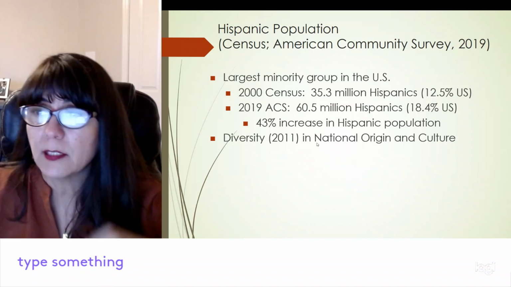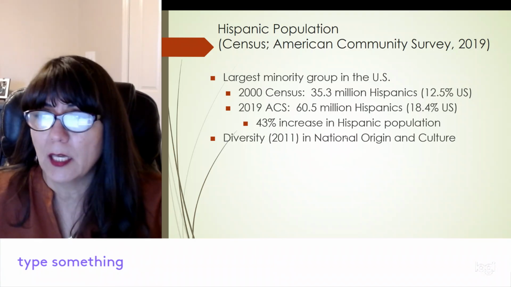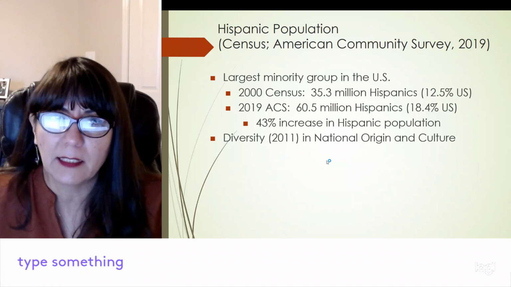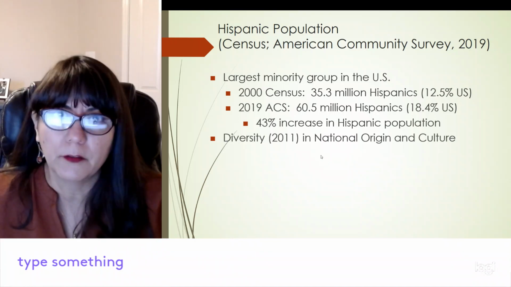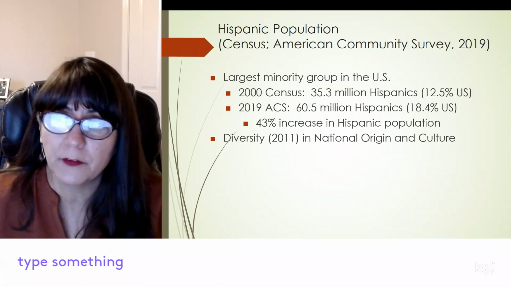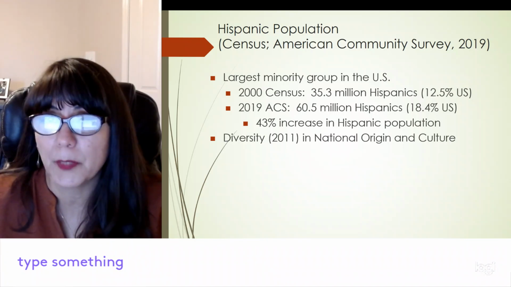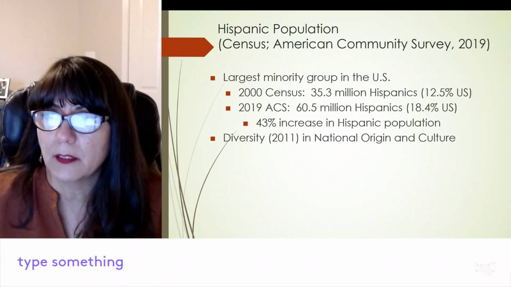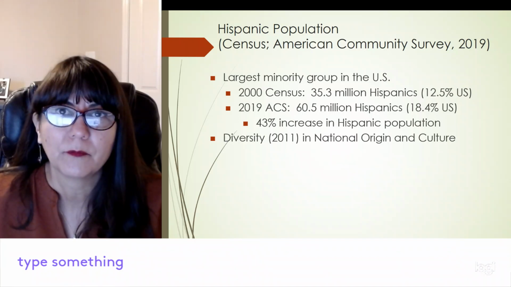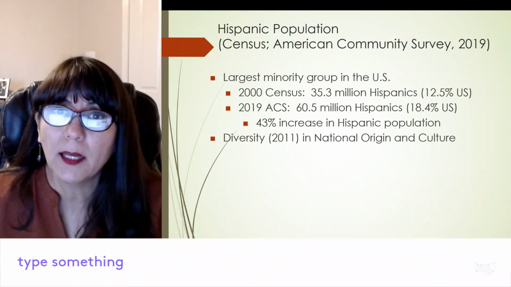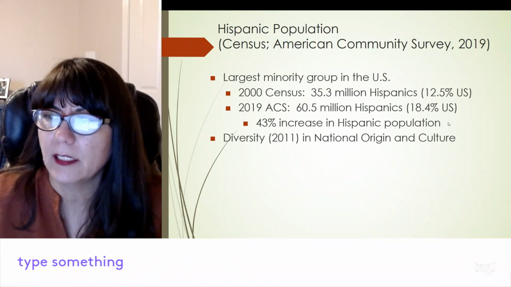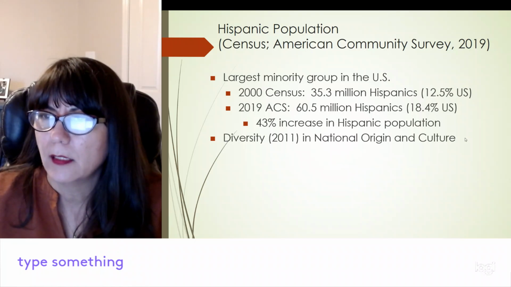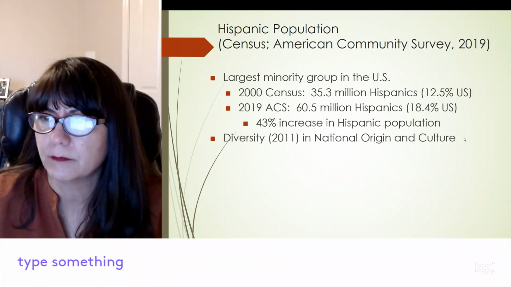There's a lot of diversity among Hispanics, especially given the different national origins of Hispanics. They come from all over the world. A lot of Hispanics come from Latin America, but there's also Puerto Rico and Cuba, and other national origins.